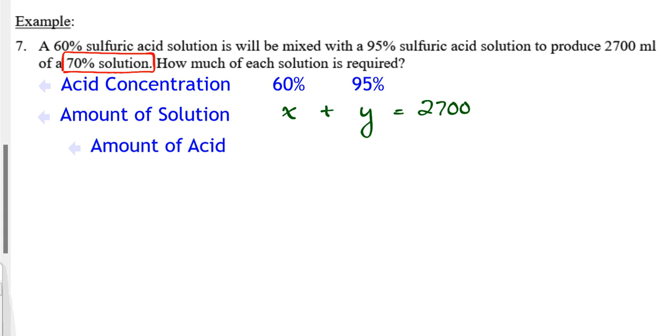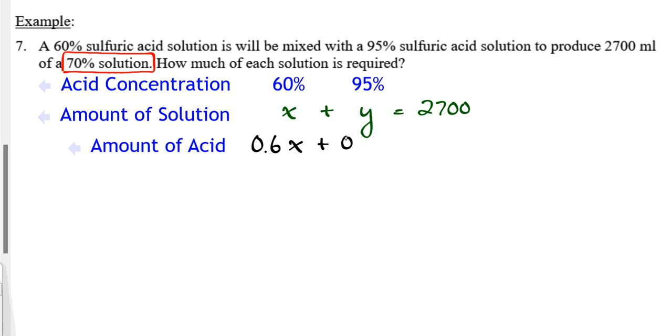So if we think about X amount of solution, X milliliters, 60% of that volume is pure acid. So that's going to be, for my second equation, 60% of X is pure acid.